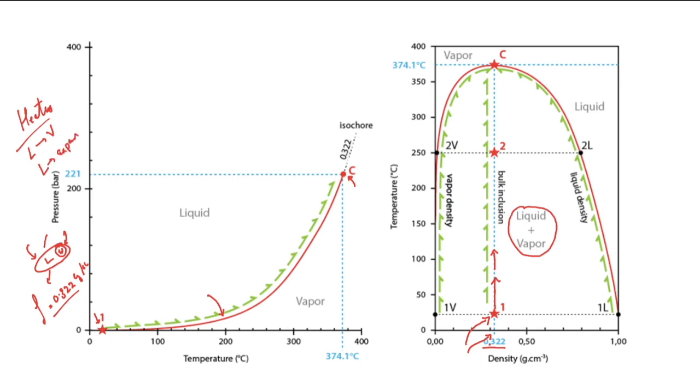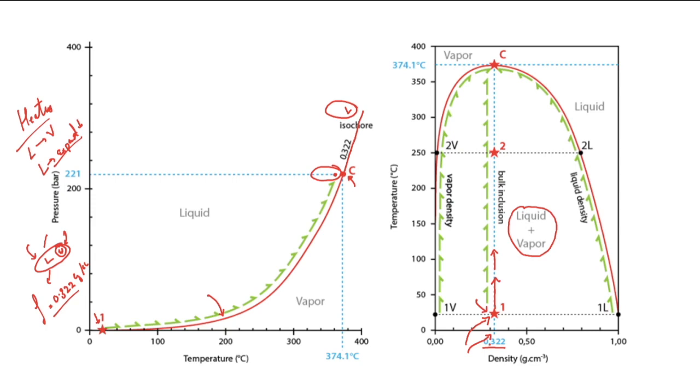So the expansion of liquid is dominating here, and therefore the bubble will slowly become smaller and smaller, and the last bubble will disappear at this point, right? And after this it will follow this isochore, with a completely liquid phase in it. The bubble will disappear, but the bulk density will remain the same, 0.322.